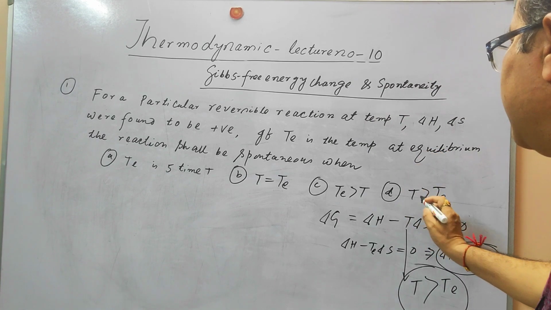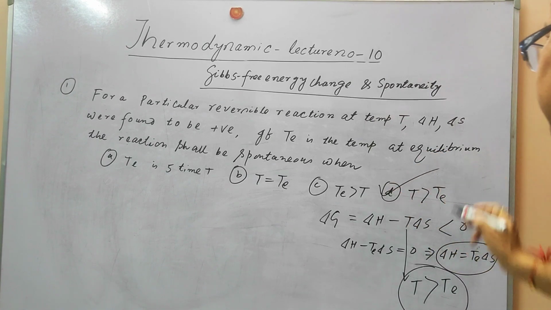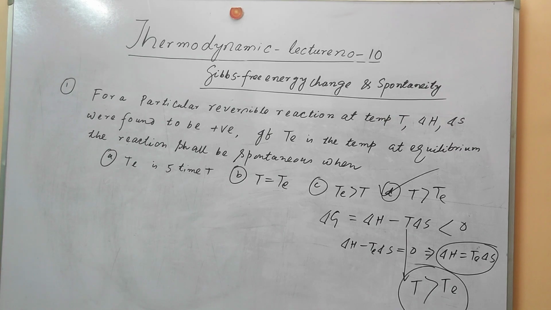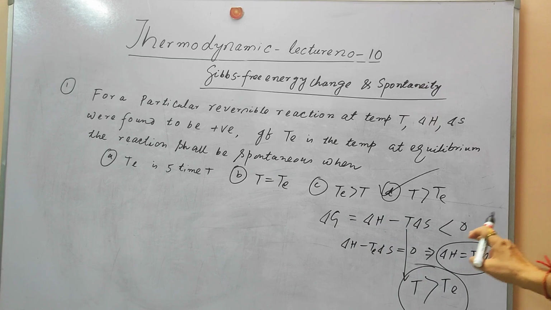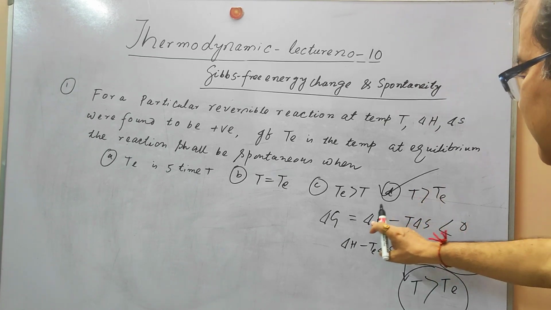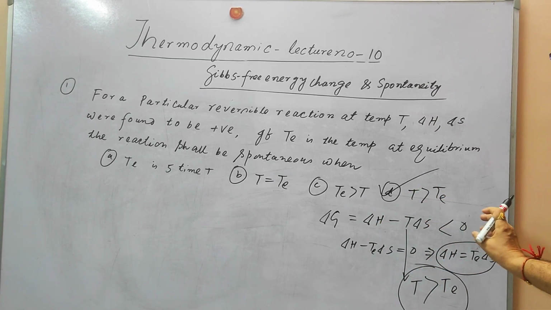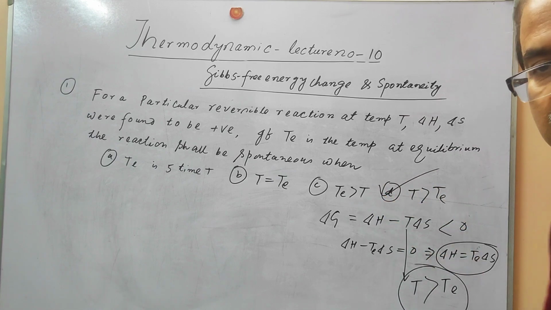So the answer to this question will be D. When T is greater than Te, the reaction will be spontaneous at that temperature, because at that temperature delta G will be negative, since this value will be higher than this value, so it will make the total term negative.